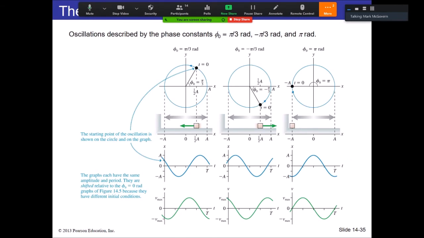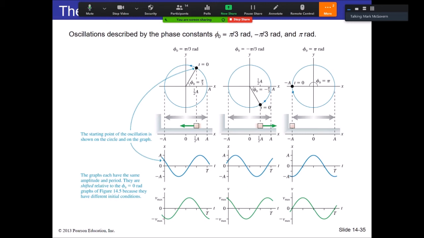But this is a really nice illustration of how phase constants change the look of your graphs. In the first example here, we have a positive pi over 3 phase shift. It's like we've started a little bit ahead. We didn't start at the amplitude, we started a little bit past that.